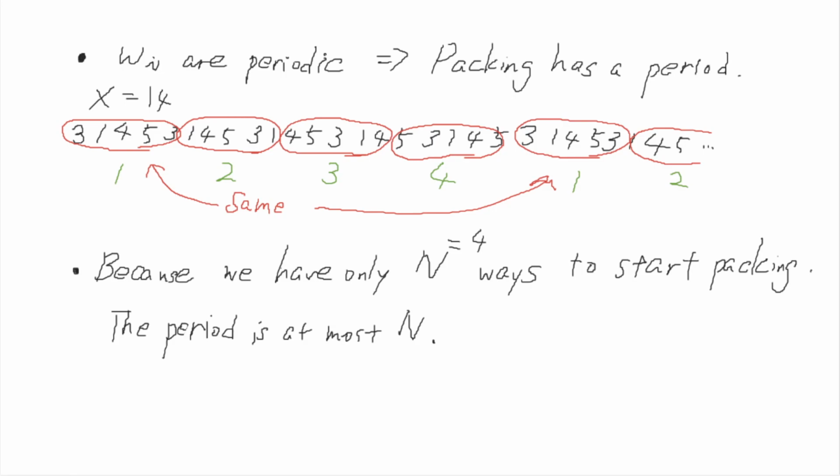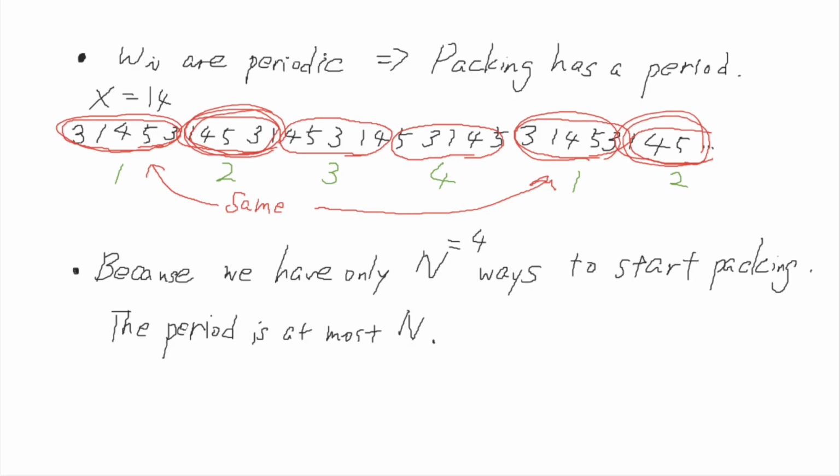X is 14 and the weights are arrayed here. Then you notice that this packing and this packing are essentially the same, and this is the same as here.